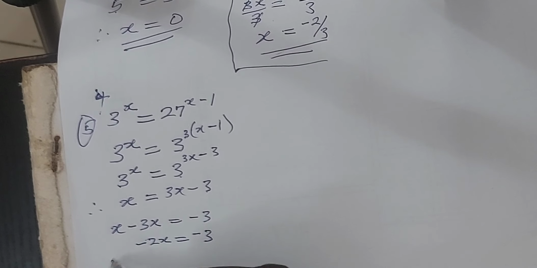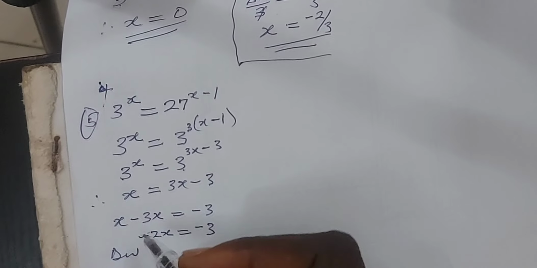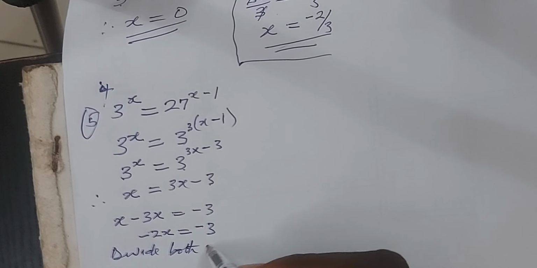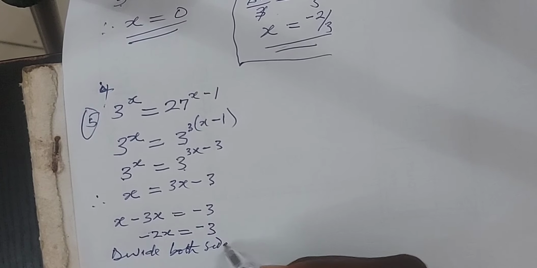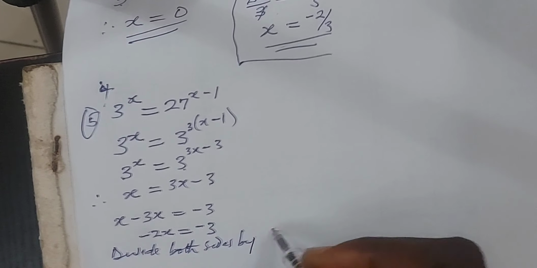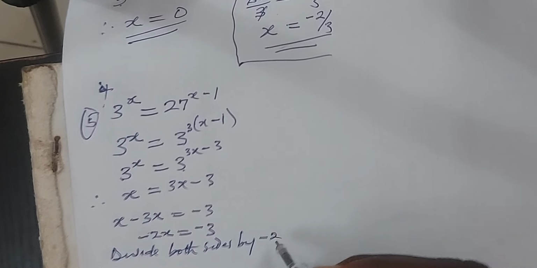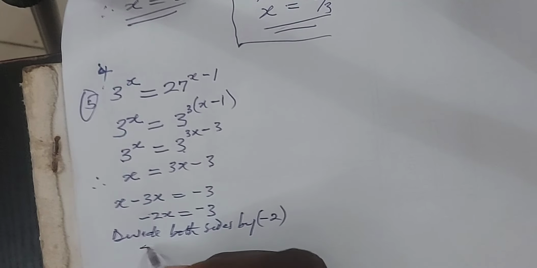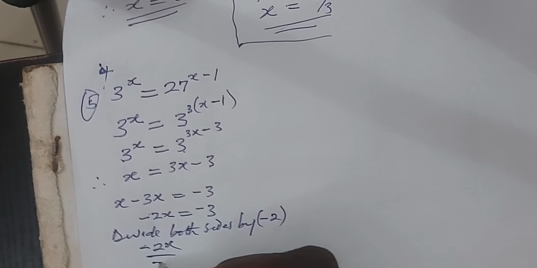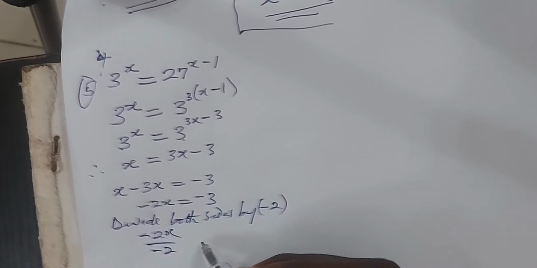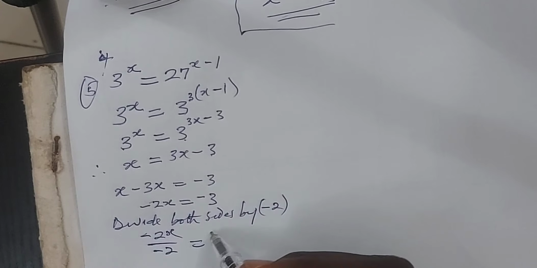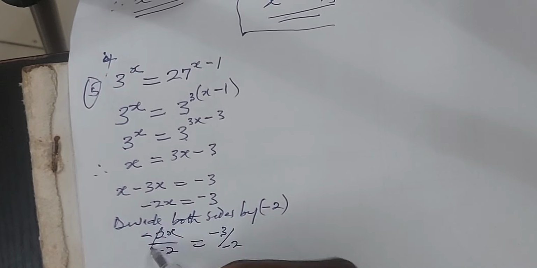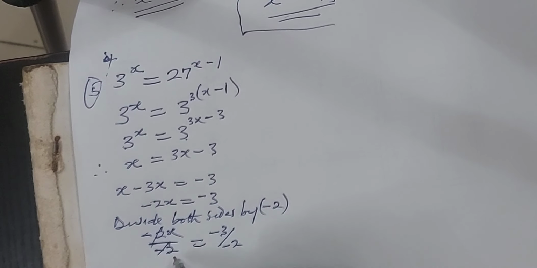Divide both sides by minus 2. Now I have minus 2x over minus 2 equals minus 3 over minus 2. Minus cancels minus, 2 cancels 2.